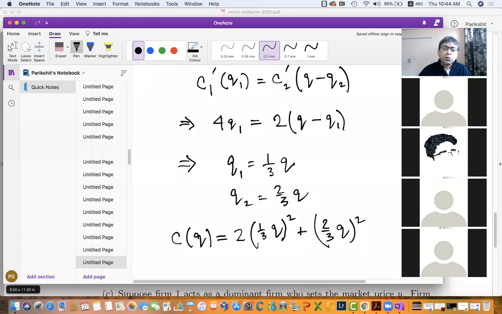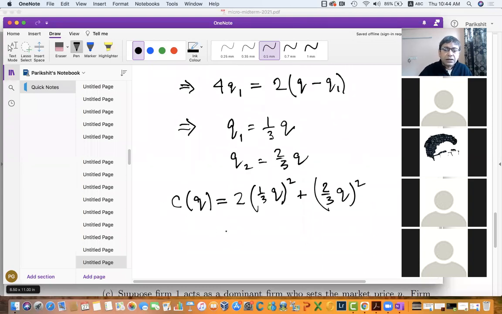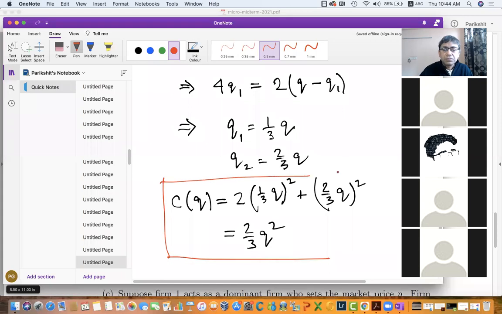So you have 2 by 9 here, and you have 4 by 9. So 2 by 9 plus 4 by 9 is 6 by 9, so 2/3 Q squared. So that's the cost function for the multi-plant monopolist.